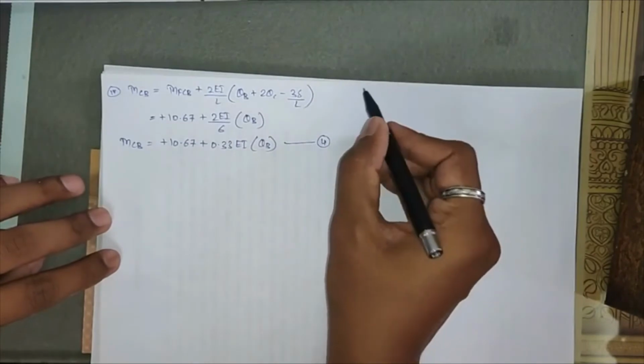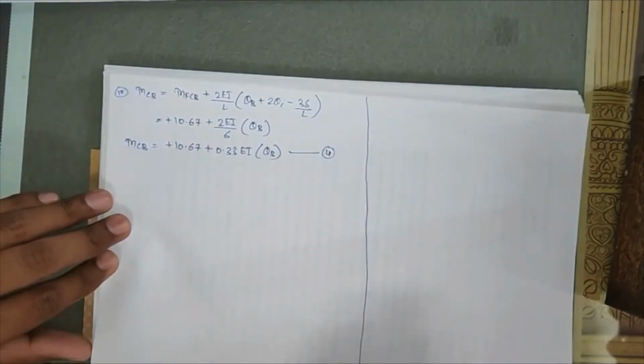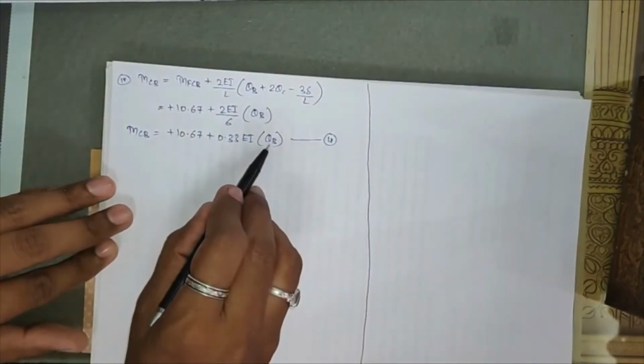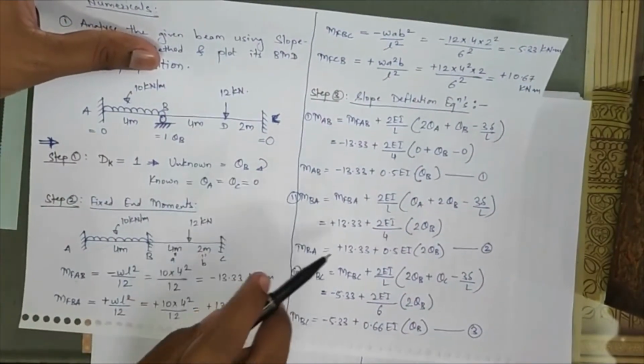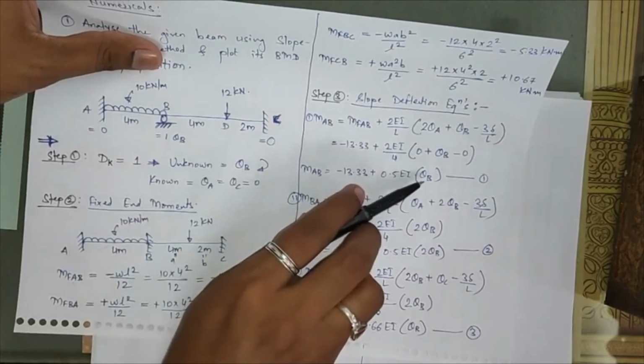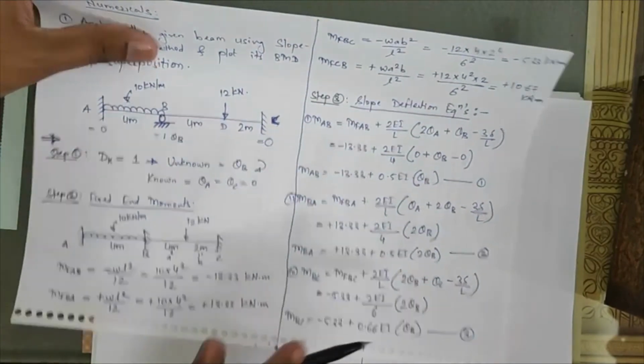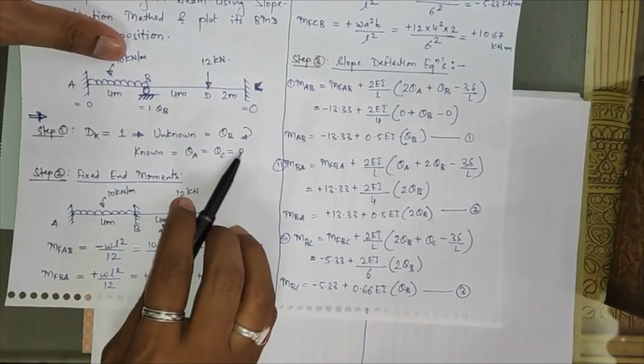In these equations only your basic unknown values will be seen. See here, the unknown is only theta B. So in every equation only the unknown should be highlighted, that is theta B, here also theta B, and here also theta B. Known values you have to substitute appropriately.